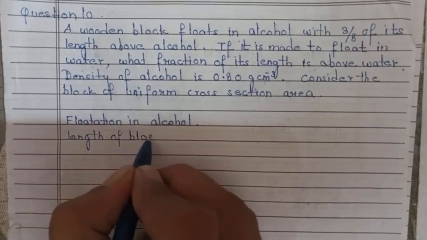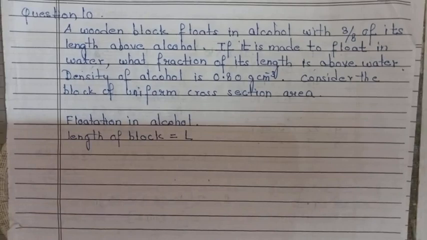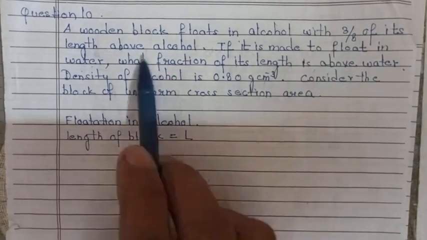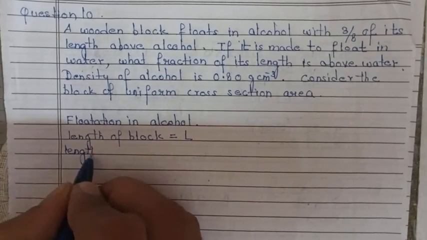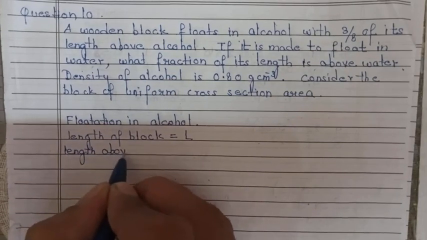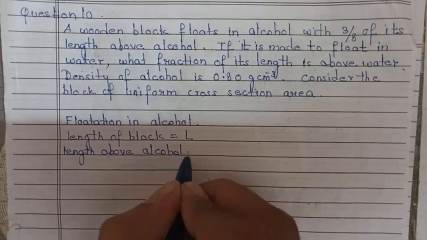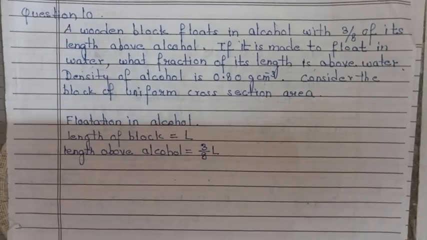So let the length of block, which is not given to us, be capital L. Now they have given us what length is above the alcohol. So length above alcohol is 3 by 8 of the total length.